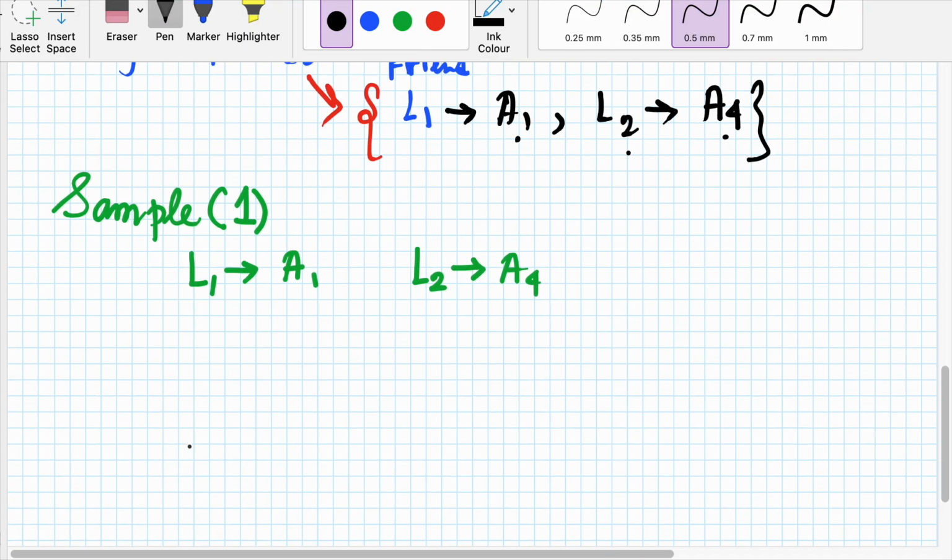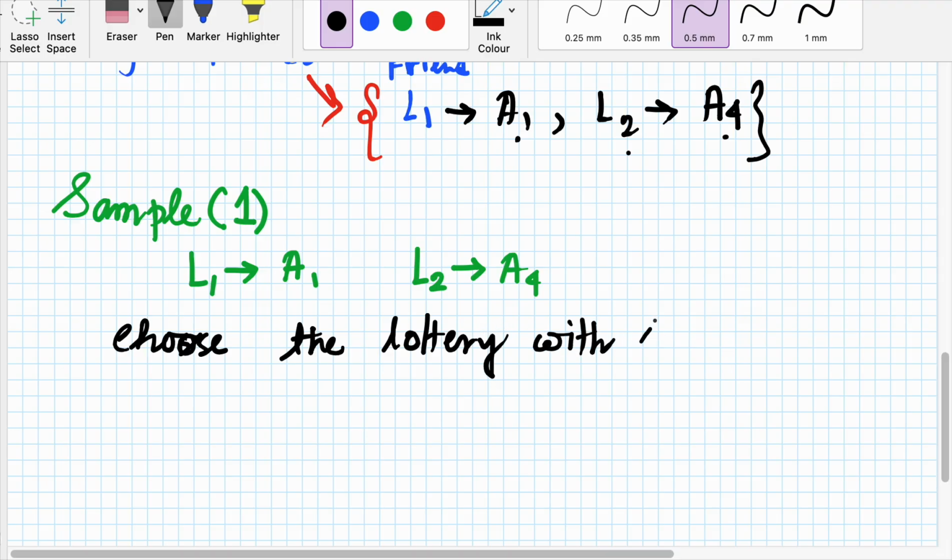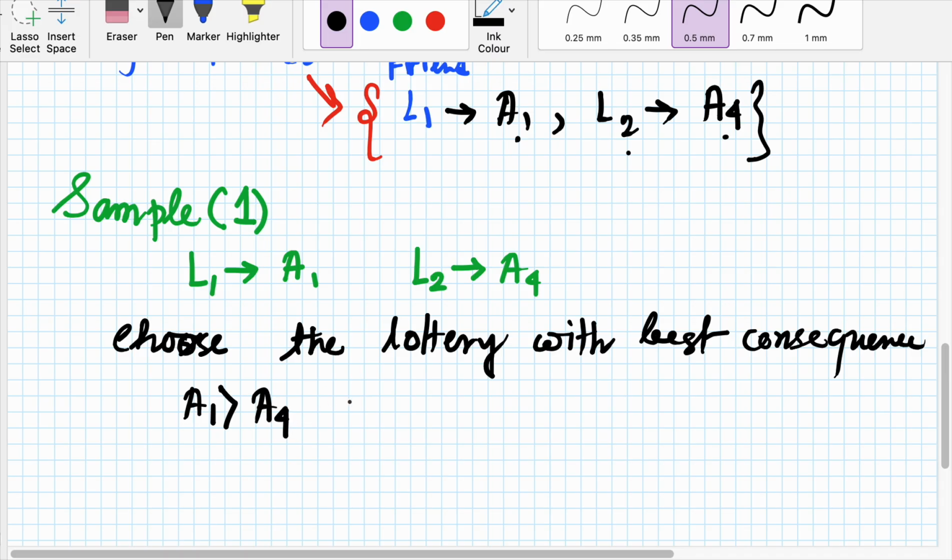Now what she will do, she will choose the lottery with the best consequence. So in this particular case, suppose A1 is greater than A4, then she will choose L1 over L2.